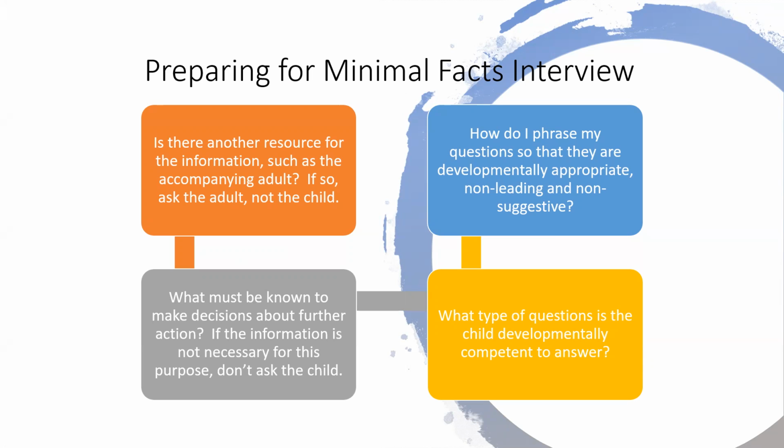Point three is to consider what type of questions the child is developmentally competent to answer. Although chronological age gives us a good baseline for determining, we also have to take into consideration their actual developmental state, their emotional state that they're currently in, and whether this child has any disabilities that may hinder them from answering questions.